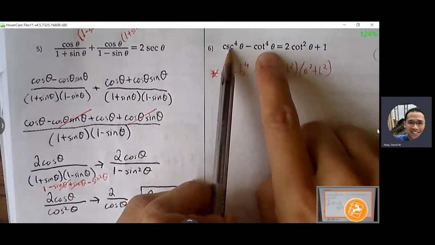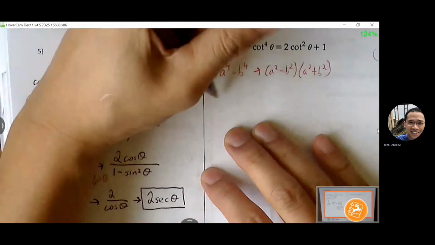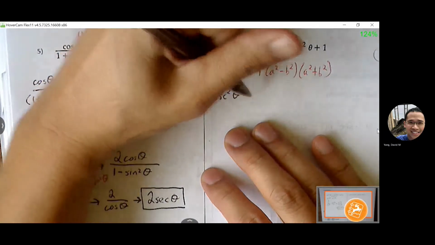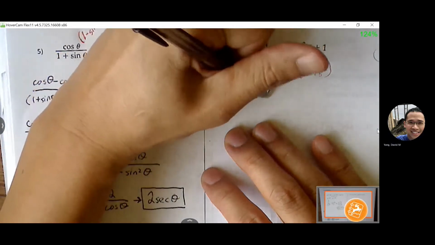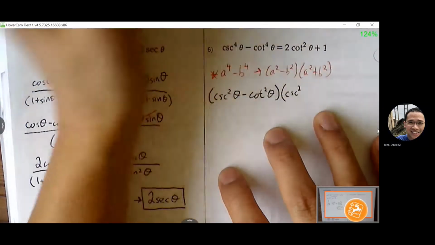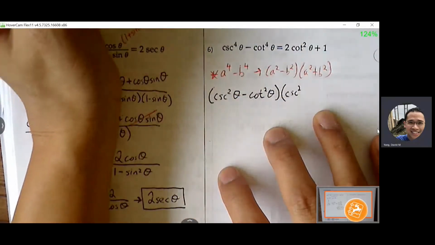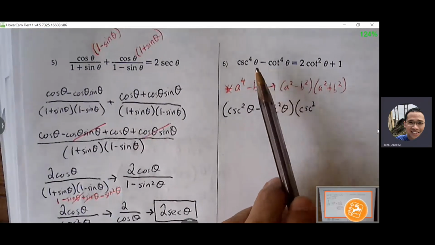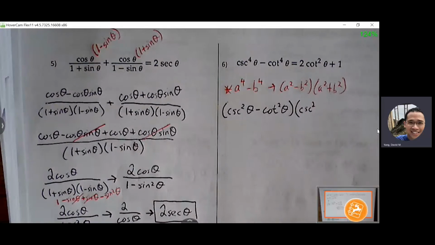So I'm going to apply that here as well. So if you see something to the 4th, then most likely it will be difference. If there's a minus in between. If it was cosecant to the 4th plus 3 cosecant to the 4th plus or times sine, then there's a GCF that comes out, right?